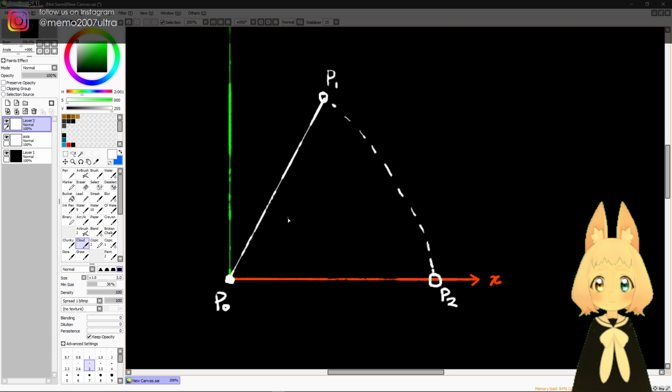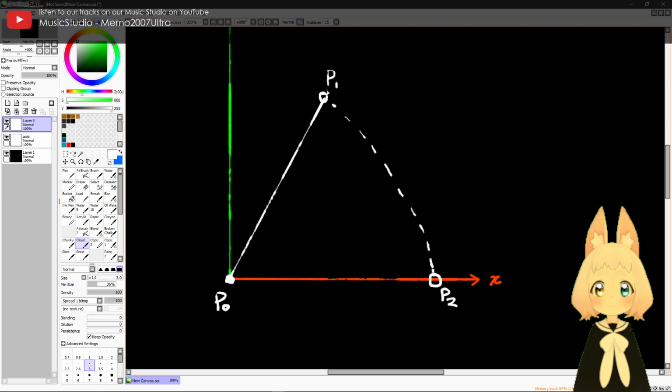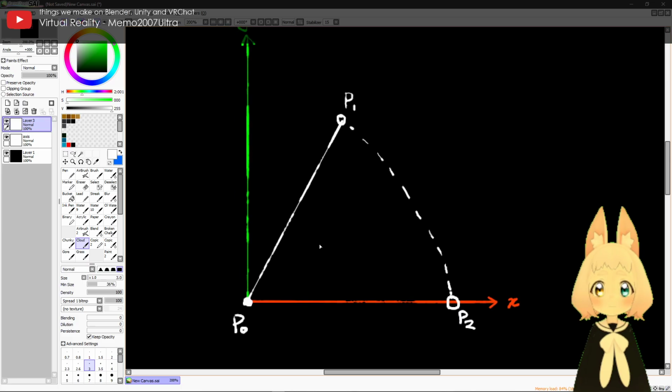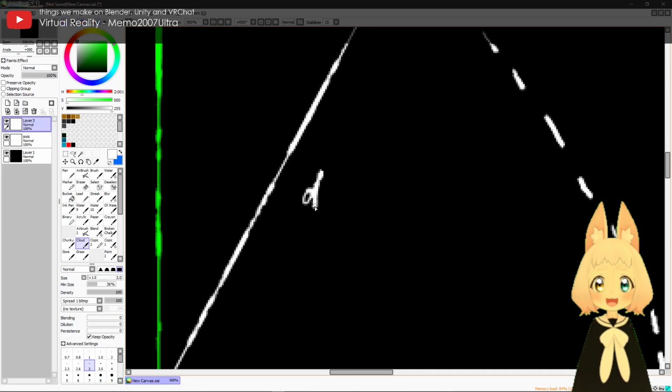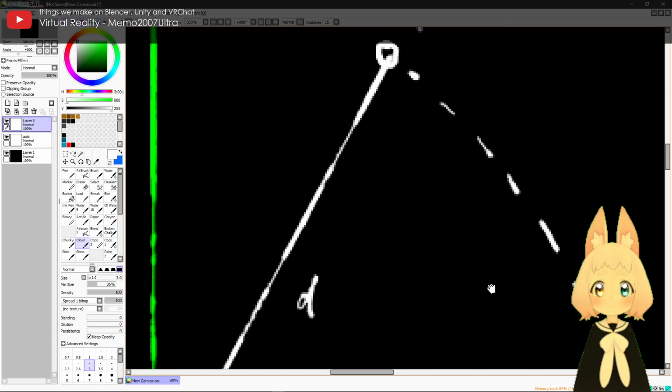Alright, so we have that. Now P1, P0. First we need to figure out what the distance is.